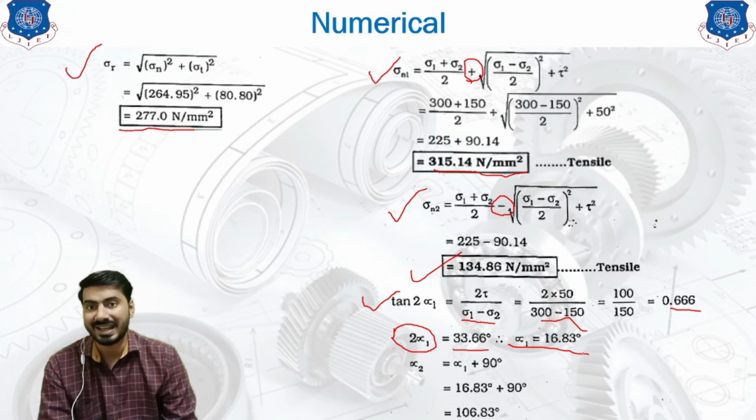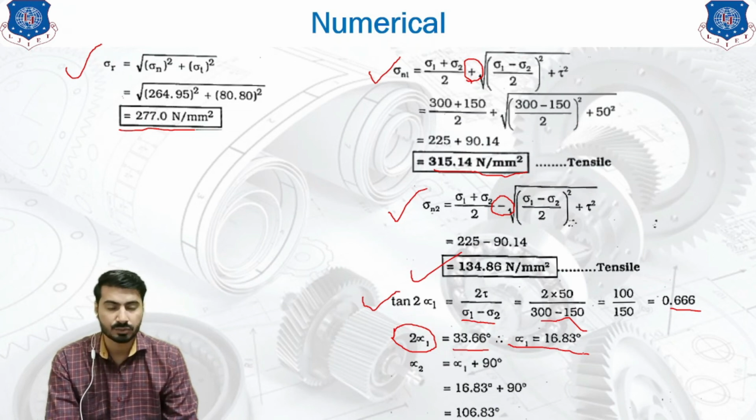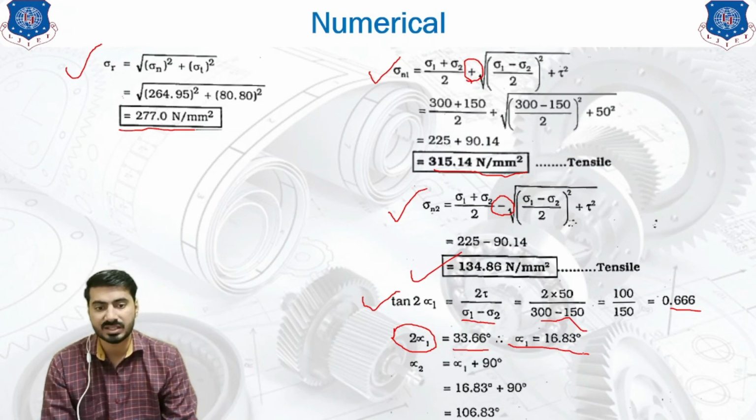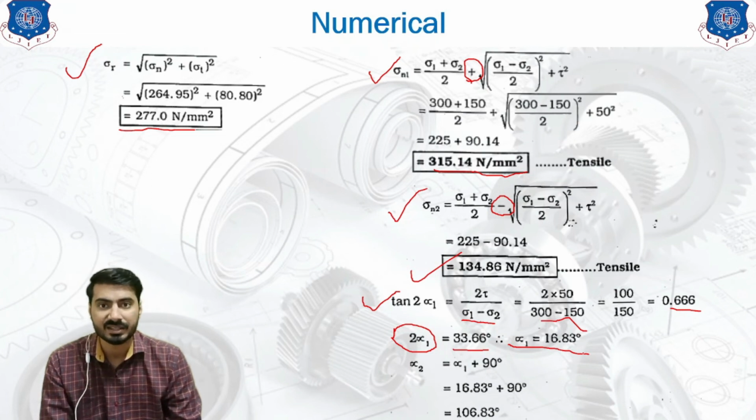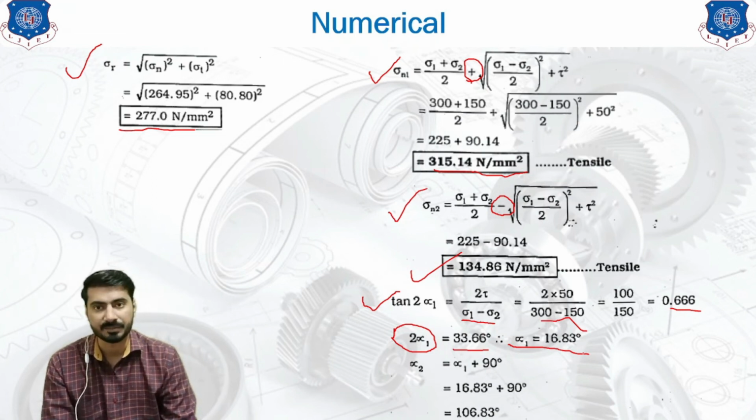This is the angle of the major principal plane from the reference vertical line. From the reference, if you go 16.83 degrees, you will get the location of the major principal plane.